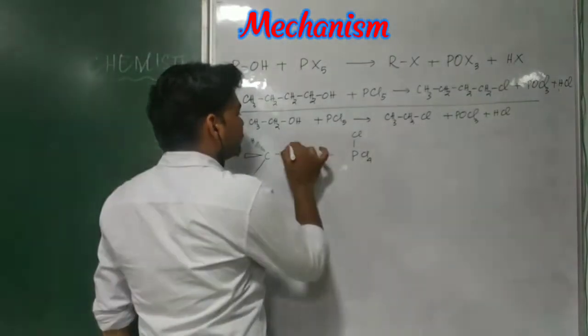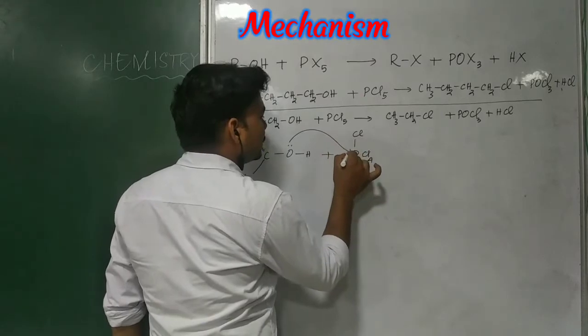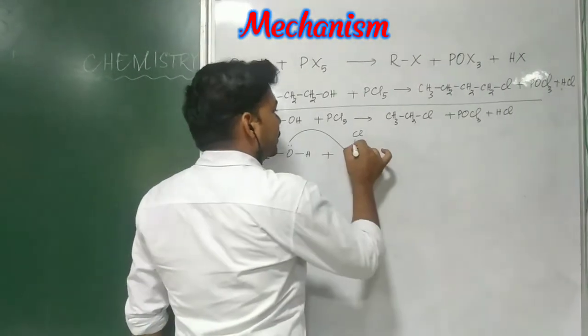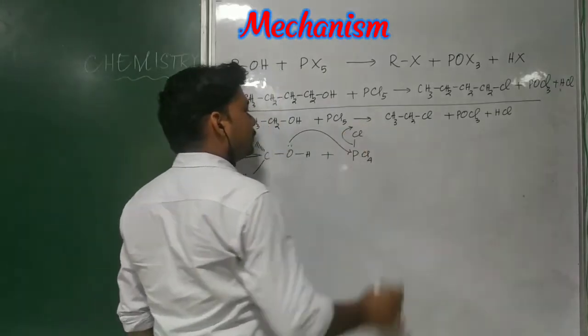When oxygen approaches this electron deficient center, a phosphorus-chlorine bond will be broken.